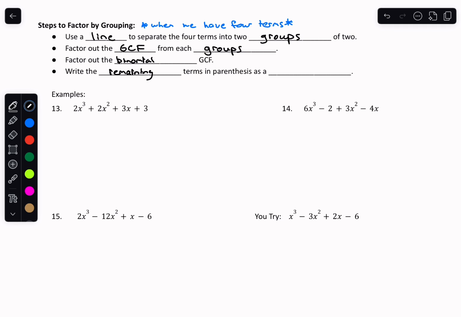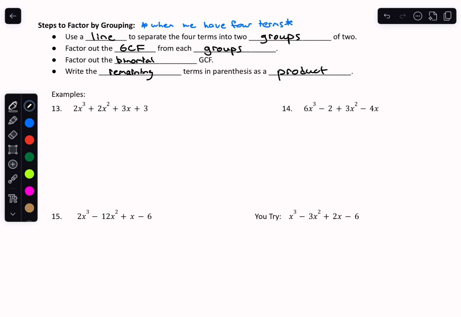So the remaining terms will go in parentheses, and this is all going to be a product of 2 sets of parentheses. So we're taking 4 terms that are all written as one polynomial, and we're going to factor by grouping to turn it into 2 factors.